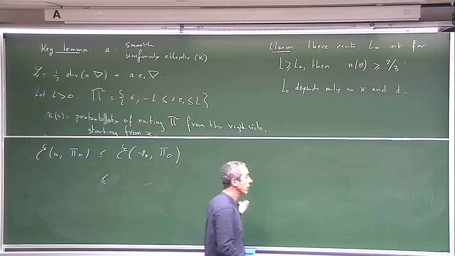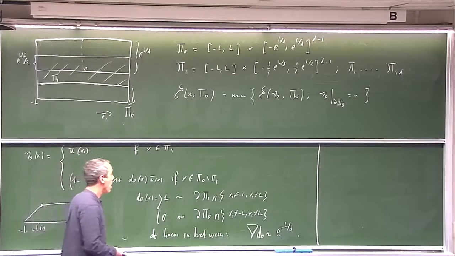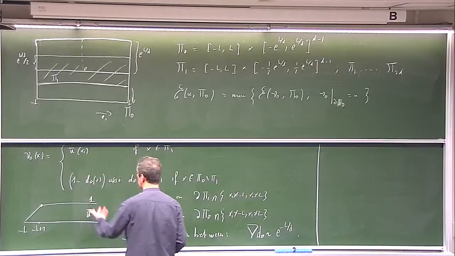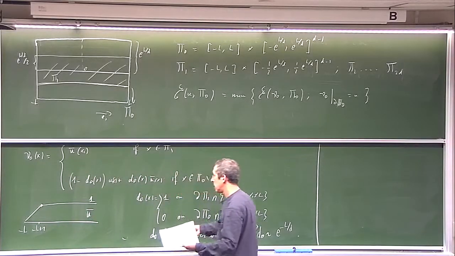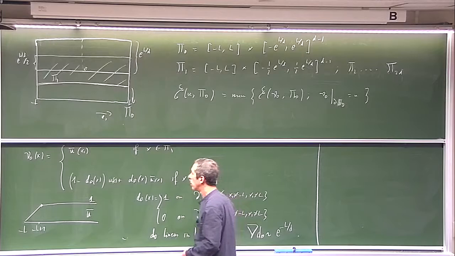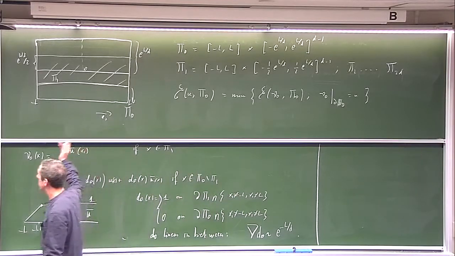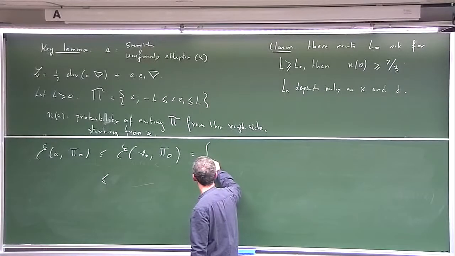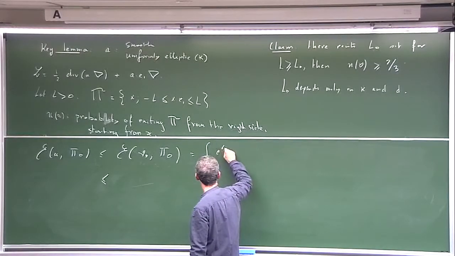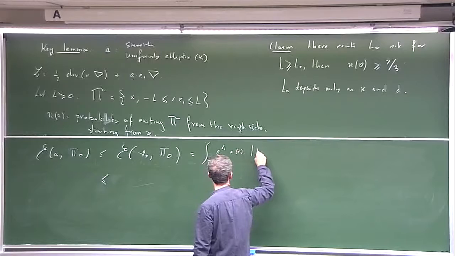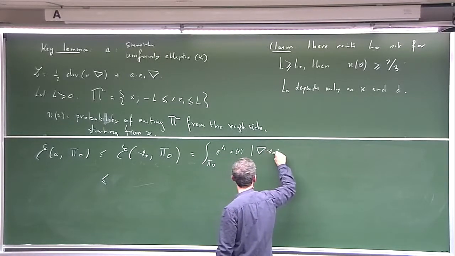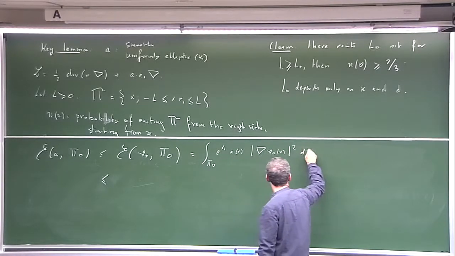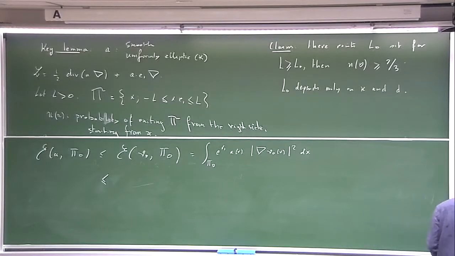So you take the gradient of nu0 and you integrate it over pi 0. This thing is the integral over pi 0 of exponential x1 a of x, the square of the gradient of nu0 dx. And then there are different things that appear.